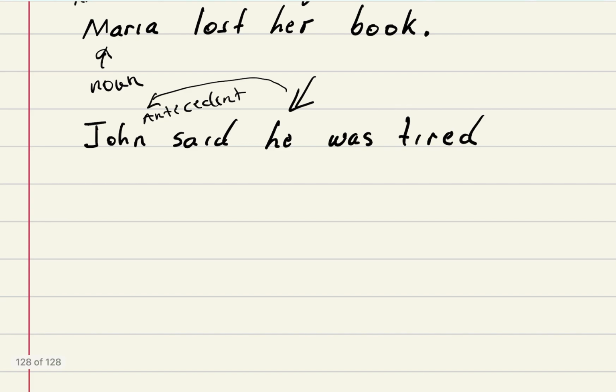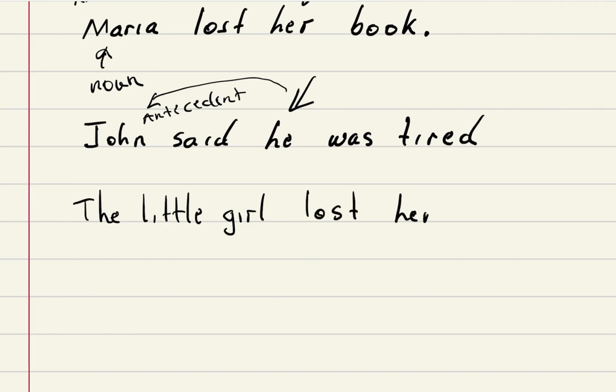All right, now let me give you one example with a noun phrase. Let's say the little girl lost her book. Again, we do the same process: find the pronoun, which is "her," and ask yourself, who is "her" referring to?